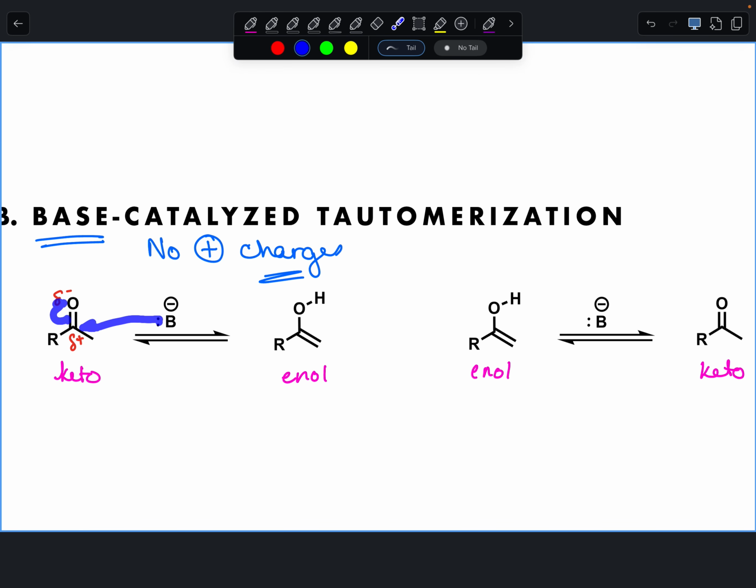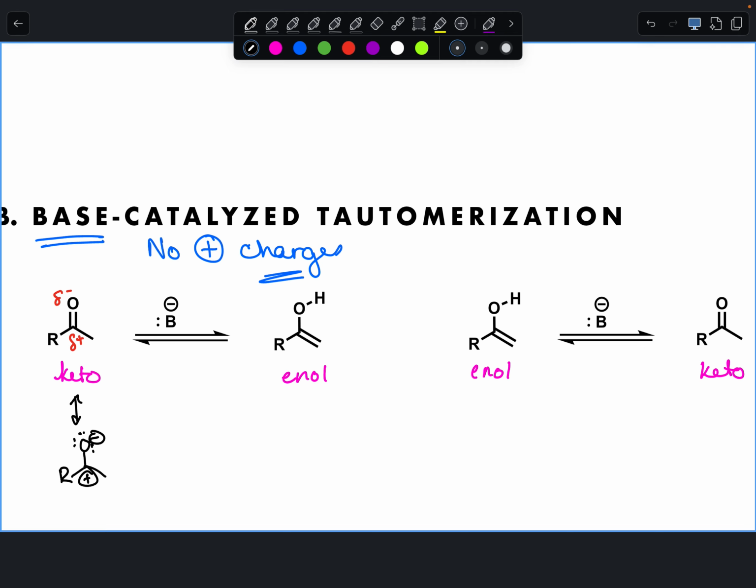If I pull off a proton, let's say this proton, I generate a conjugate base that looks like this. What can stabilize it? Resonance.